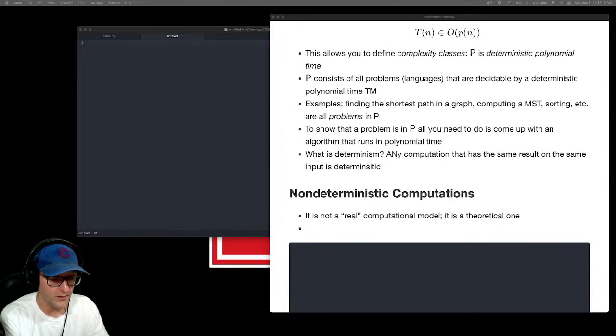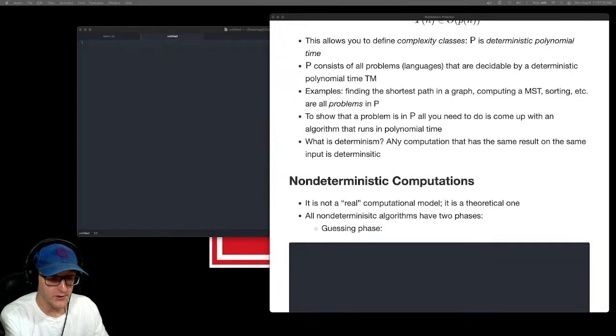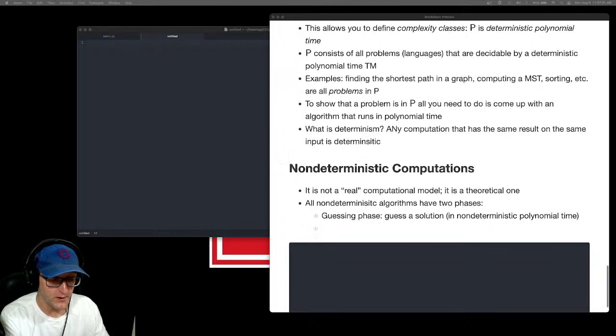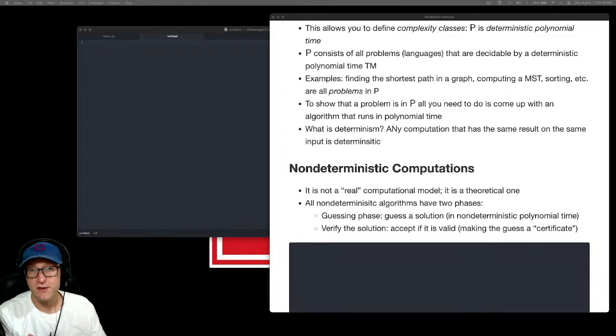Okay, so again, to review here, all non-deterministic algorithms have 2 phases. The first phase is the guessing phase. You guess a solution in non-deterministic polynomial time. Right? Then you verify the solution. You accept if it is valid, and these are usually called certificates, making the guess a certificate of authenticity, basically.